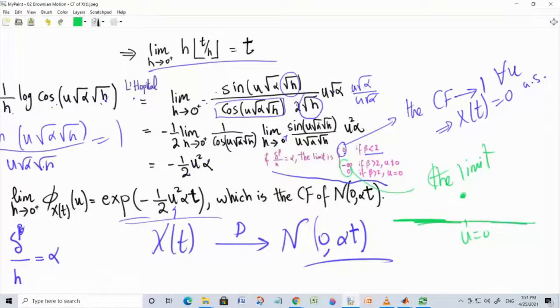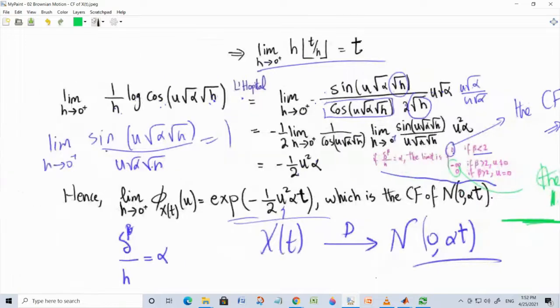If you choose beta to be greater than 2, the sequence of characteristic functions will converge pointwise to a function that is not continuous at u equals 0. And so this signifies that we don't have convergence in distribution.